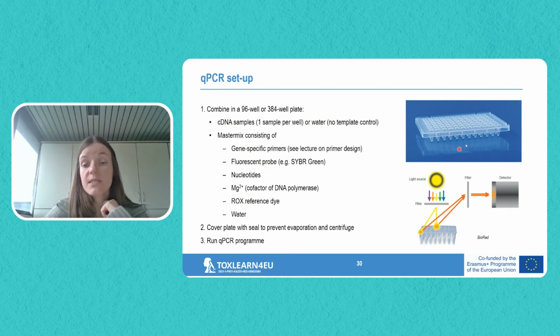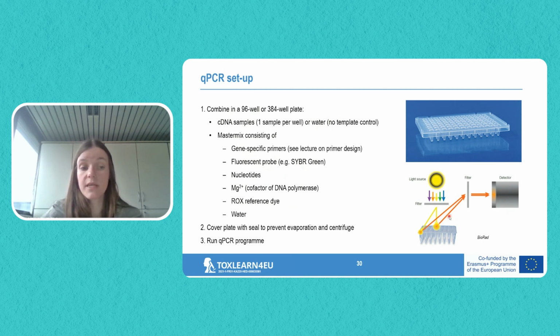However, the detector, which will measure the fluorescence, is closer to some wells than to others. And as a result, it will automatically measure a higher fluorescence level in the wells that are closer to the detector compared to wells that are further away from the detector. So when you measure a difference in SYBR Green fluorescence between different wells, it's unclear whether this is due to differences in expression level of a gene or whether it's due to differences in distance to the detector.